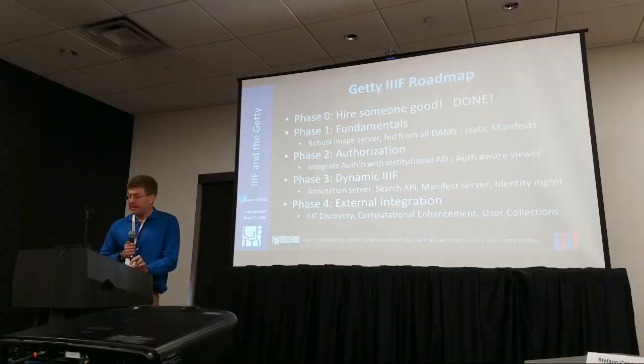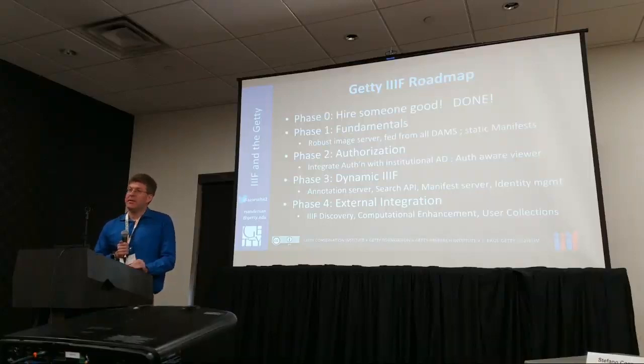The third phase is of a more dynamic nature, so implementations of annotation so that we can get feedback and create comments for the viewing in different environments. The search API, which I must clarify, is about searching within an object once it's been discovered, rather than a discovery API for finding objects.